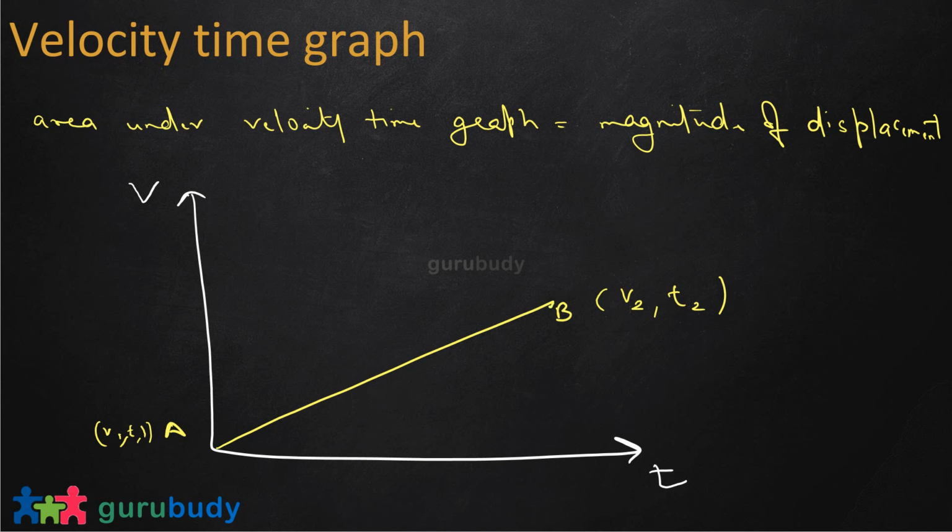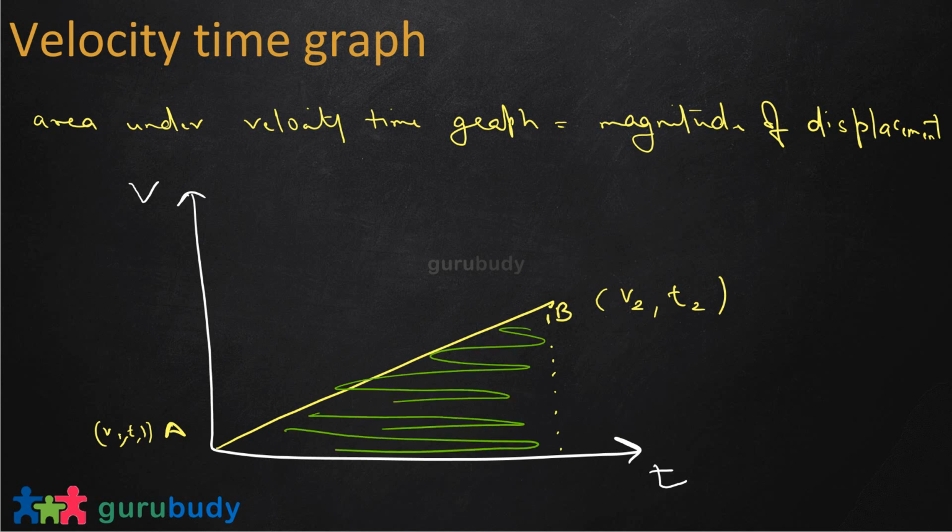So if I just complete this shape, once I calculate the area, I can calculate the displacement of that object. Okay, so just keep in mind, area under the velocity time graph gives you the displacement.